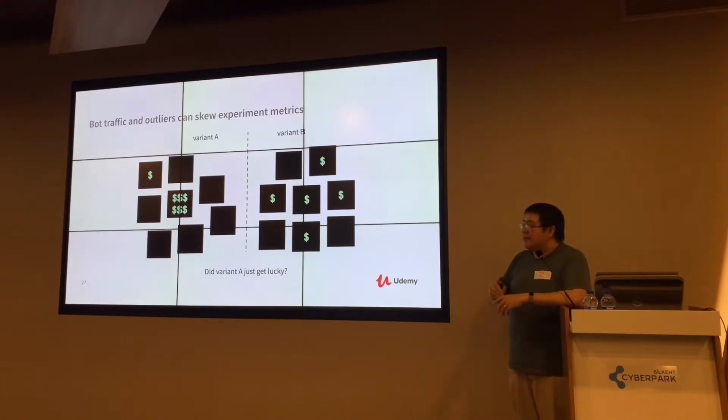So again, in this situation, variant A seems like it makes more revenue per user, but that's simply because there's one user that happened to spend a lot of money. So what can you do in order to make your A/B testing system more robust to these types of problems? You'll need to think about things like bot filtering, metric capping, filtering out outliers, but you also need to do these in ways that are not fundamentally biased and that lead to inaccurate inferences around the causal effects.